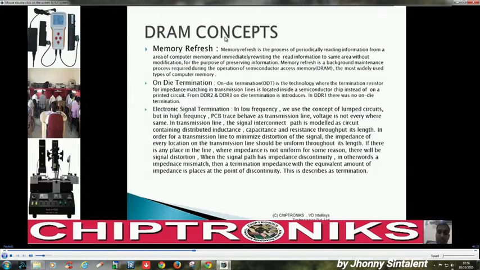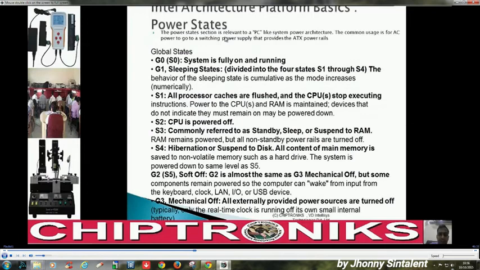Why I am discussing this concept right now is because we are going to correlate these concepts later on. So in S3 state, we require RAM refresh because RAM is powered on. The context is saved in S3 state. You see, RAM remains powered on, but all non-standby power rails are turned off.